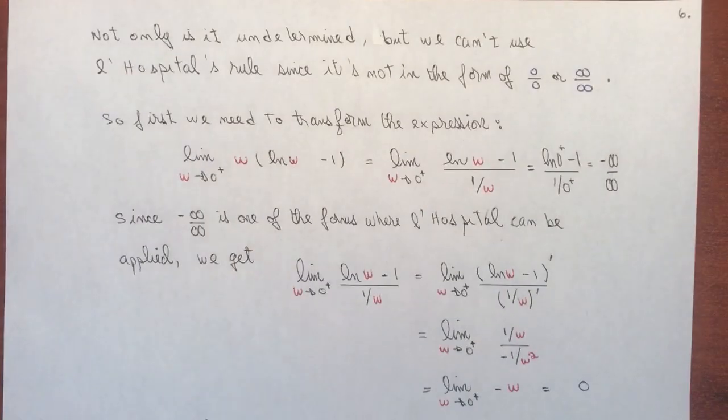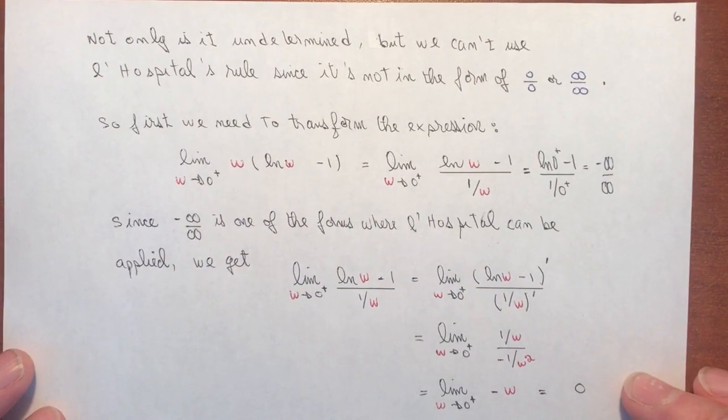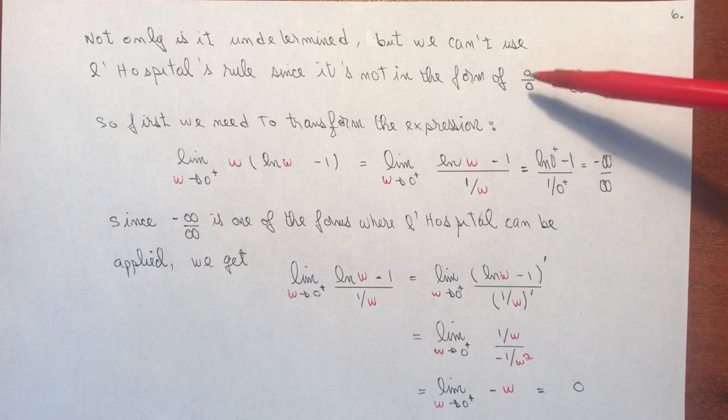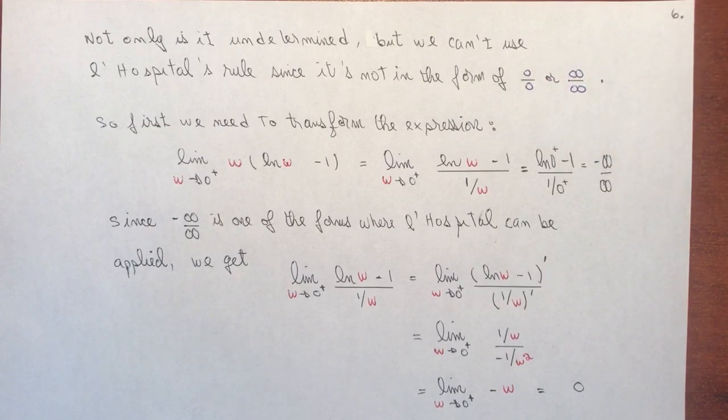Now, indeterminate means that we don't really know what the answer is. It's actually worse than other indeterminate forms because we can't use L'Hopital. L'Hopital, if you remember, is good only for 0 over 0 or infinity over infinity. So before we can do anything, we must transform the expression.